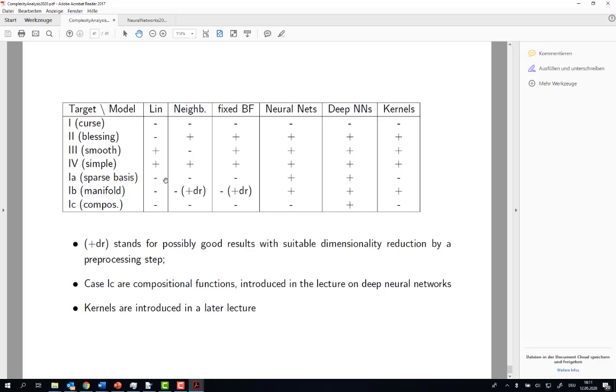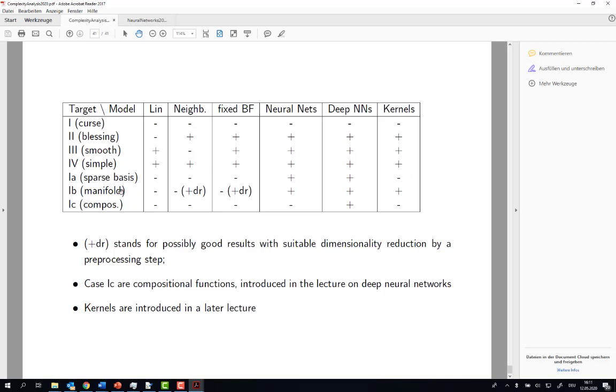Linear systems cannot exploit it, neighborhood cannot exploit this, fixed basis functions cannot exploit this, but neural networks, as we discussed, sort of can, by the adaptation process, find the appropriate basis, which has non-zero weights. Deep learning has not the problem. Kernels don't really work in this necessarily very well.